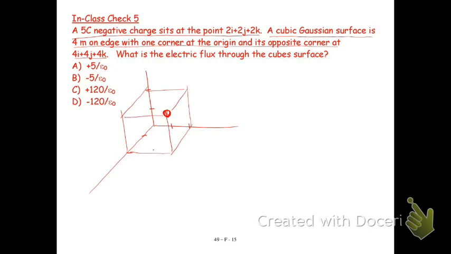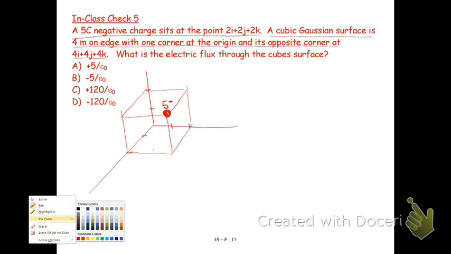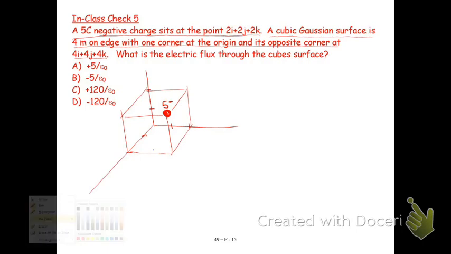So let's just draw our axes, and there's my charge. And it's 5 negatives. This is where I think those click pens come in handy. It's kind of useful not to get confused. So now we're going to draw a Gaussian surface. Let's make it a different color. It's 4 meters on edge. One corner is at the origin.